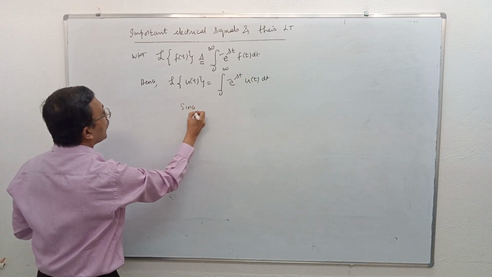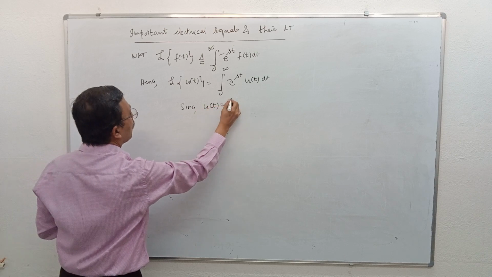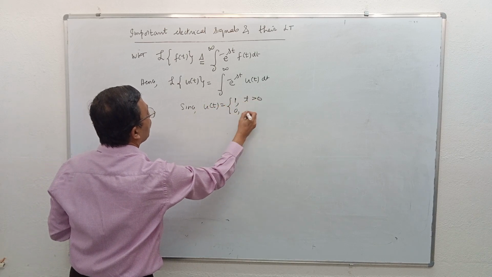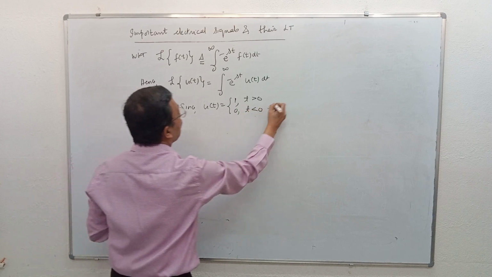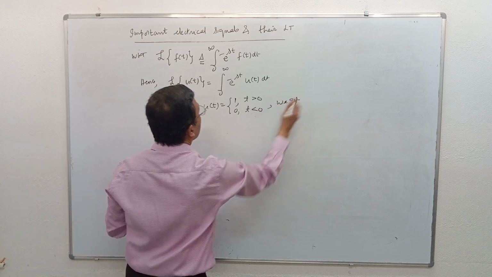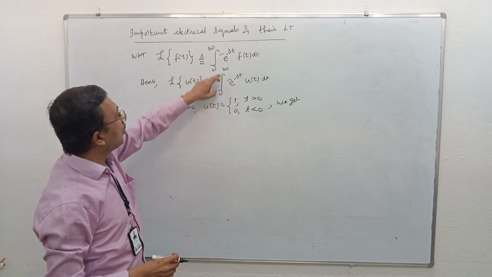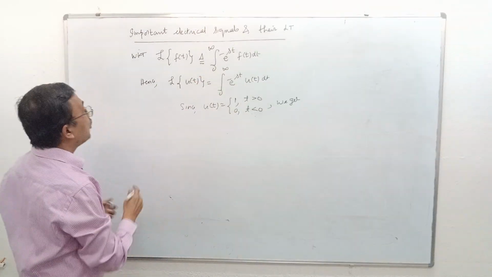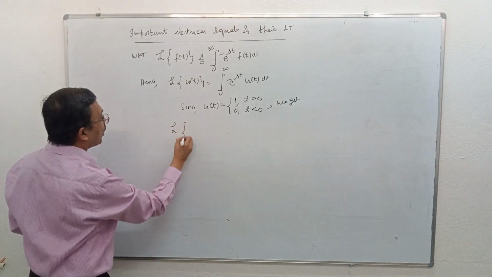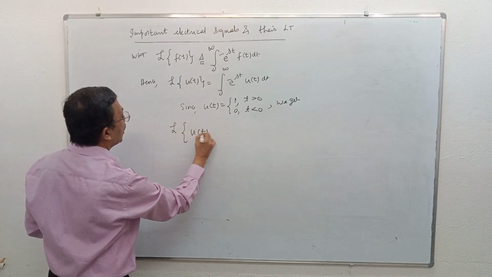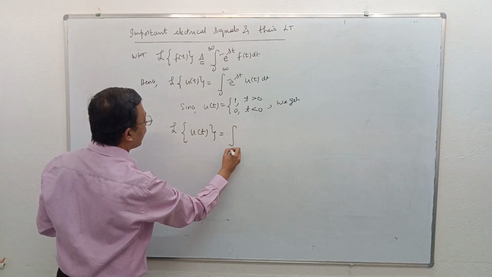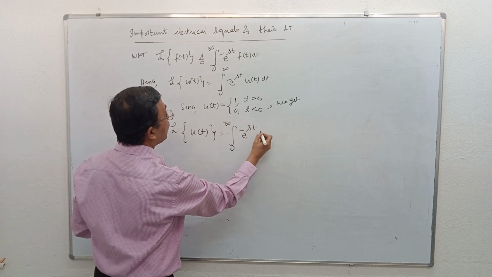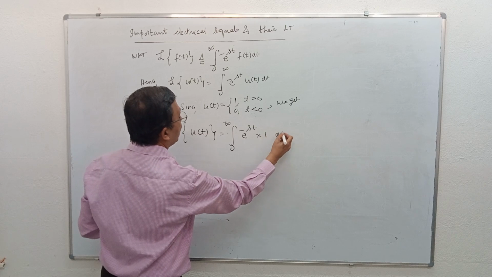Since u of t is equal to 1 for t greater than 0 and 0 for t less than 0, between 0 to infinity the value of u of t is 1. Hence we get Laplace transform of u of t is equal to integration from 0 to infinity e to the power minus st, u of t is 1, dt.